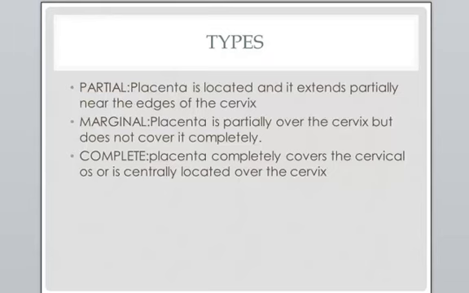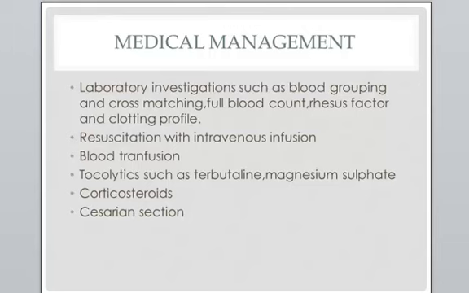Now let's go to the medical management. What are the things we're expected to know here? How do we manage a patient with placenta previa medically? Just order laboratory investigations, because we know there is a high risk that this patient is going to bleed.